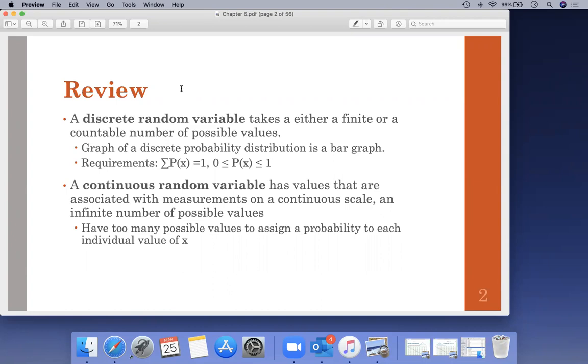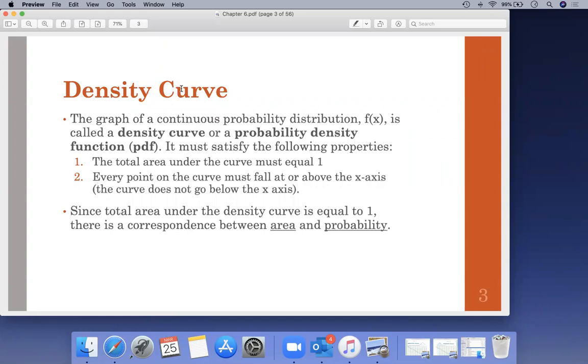If you have a continuous random variable, it's really difficult to construct a probability table. So in this case, we will use a graph. That graph is called a density curve. The graph of a continuous probability distribution, that means f(x), is called a density curve, or we can say probability density function, pdf.